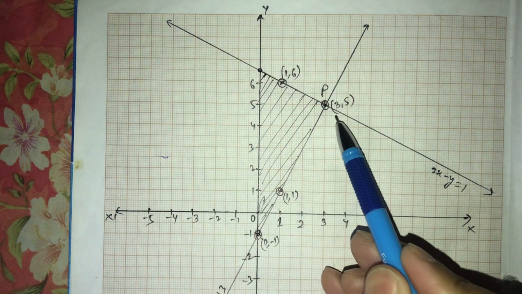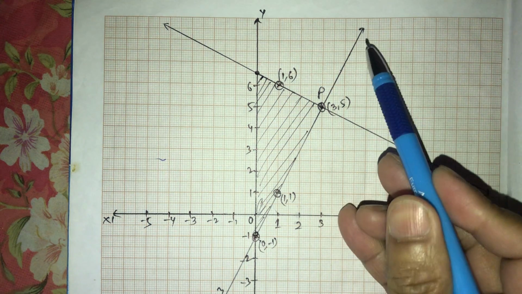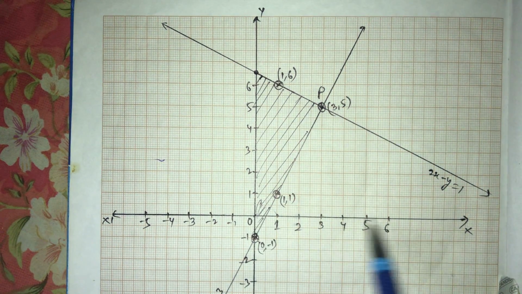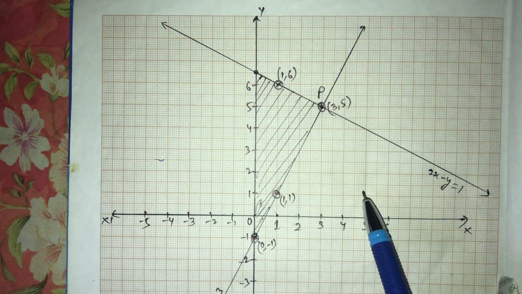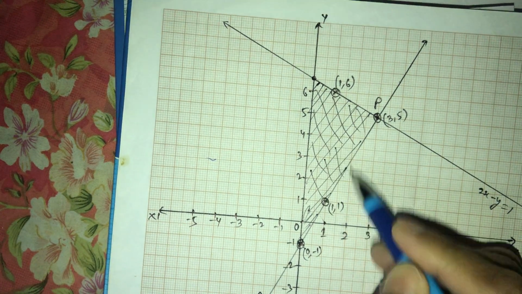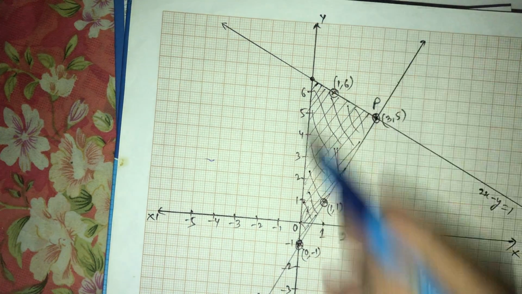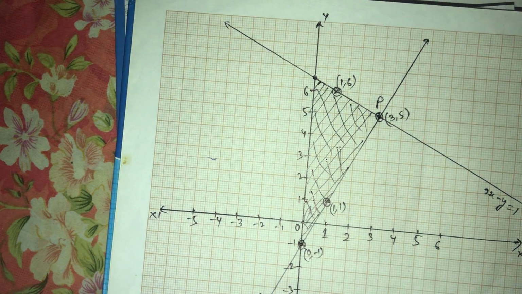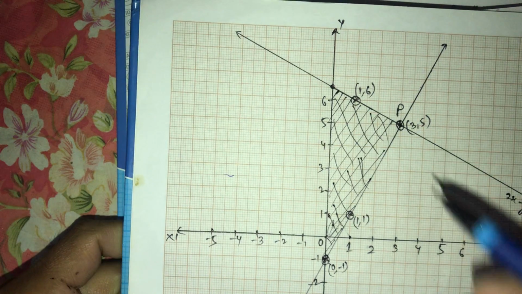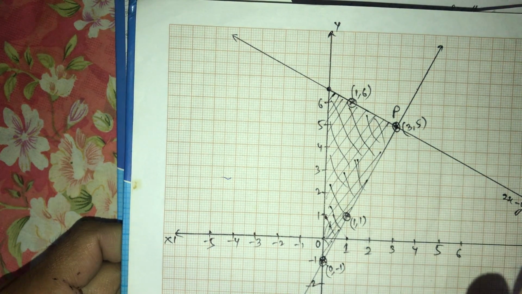Some of you have shaded this part, which we don't need, because this part is between the lines and the x-axis. The region we need to shade is the region between these two lines and the y-axis. So that's why read the question properly. Now if you see this triangle, the shading is done.